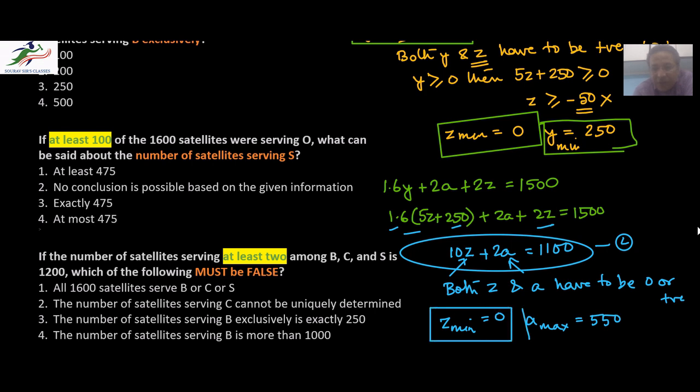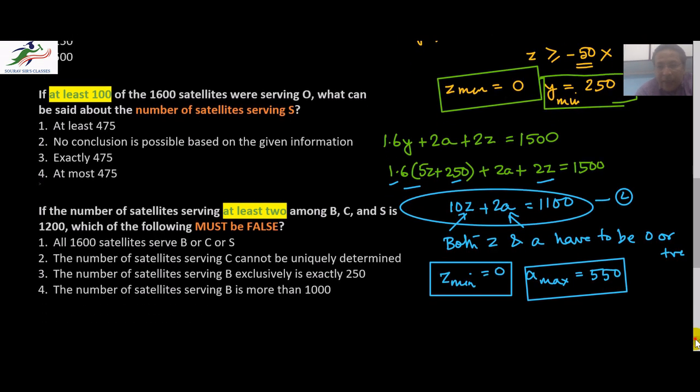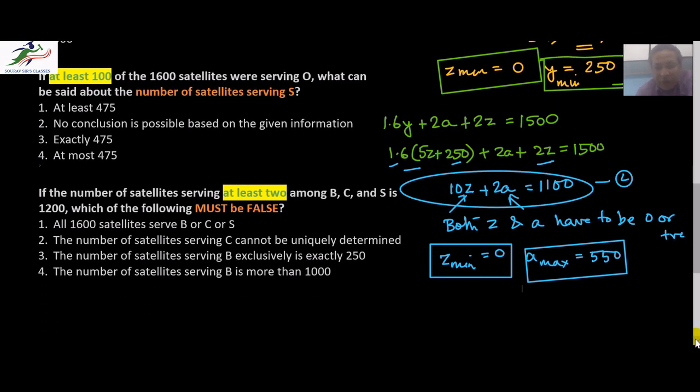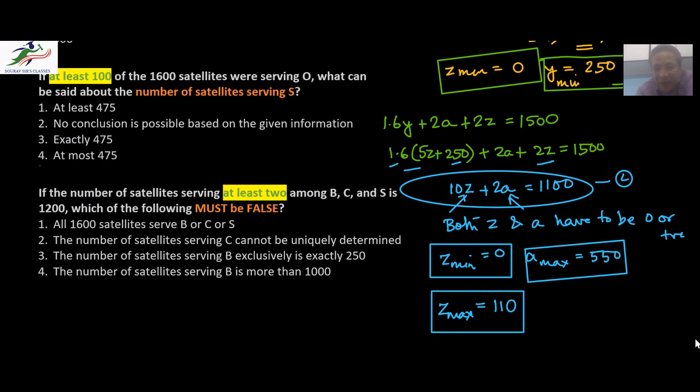So when z is minimum, a is maximum, and the reverse will also be true. When a is minimum, z is maximum. So z max will be, when a is 0, 110. So z max is 110 when a is minimum, that is 0.